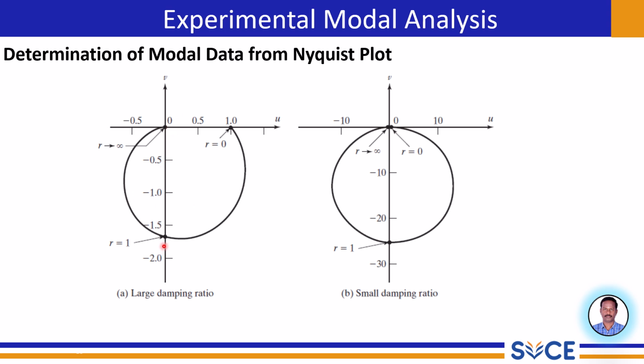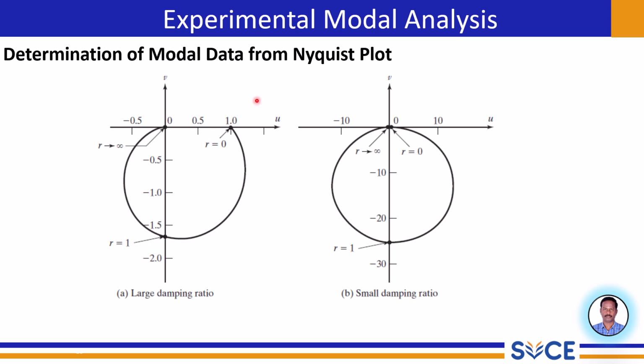Then estimate the damping ratio roughly related to this measurement. A simplified approximation here is psi equal to 2 times the distance from the origin to the r equals 1 point. Alternatively, you can also consider the diameter of the approximate circular path and the distance from the origin to the center of the circle, which is often closer to r equals 1. However, the basic estimation from the visual plot can give you an idea.